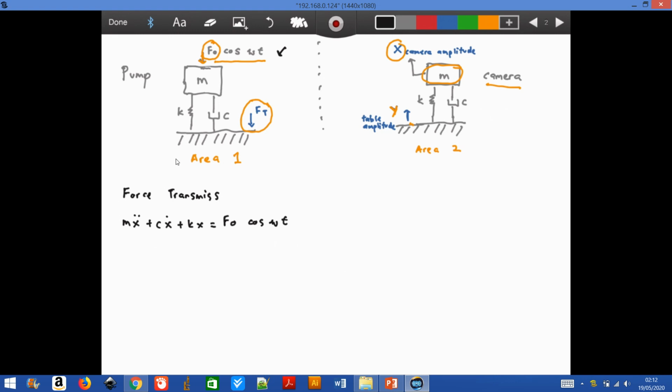So what happens to the ground? Let's say this is the base of area 1. There will be a reaction force due to the spring, which is kx, and also due to the damping, which is c x dot. So from here, you know that kx is equal to k xo cos(omega t minus phi).